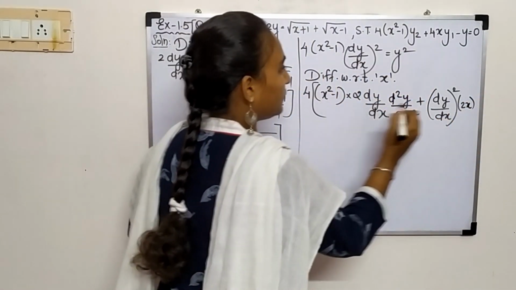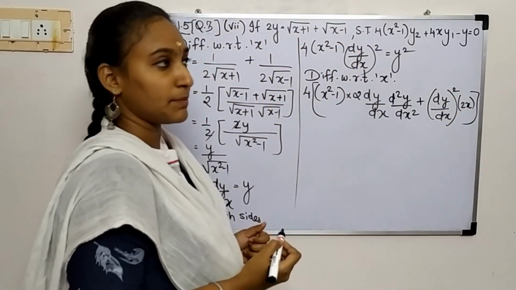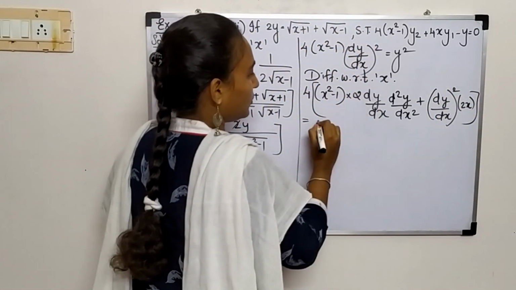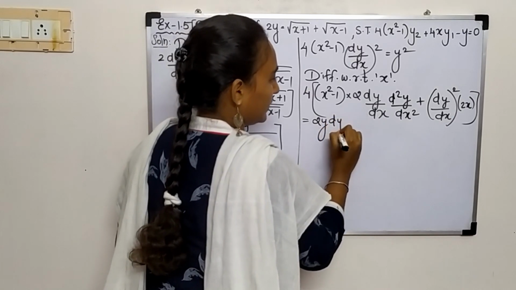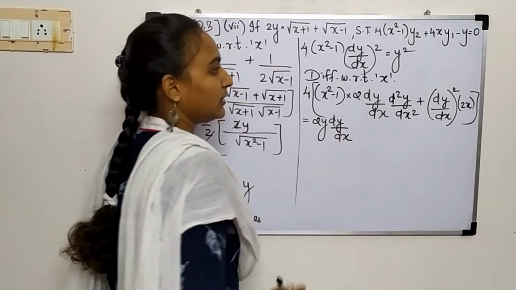This 4 is common for both the terms, so put it in a bigger bracket, and this is equal to 2y dy by dx.